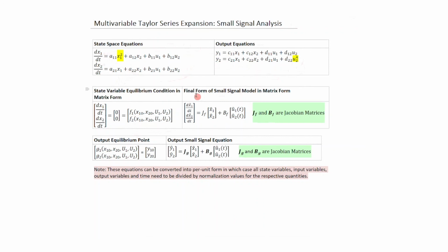And then the final form of the small signal model was obtained by basically expanding out the Taylor expansion to first order. That means you only retain expressions involving first-order partial derivatives.